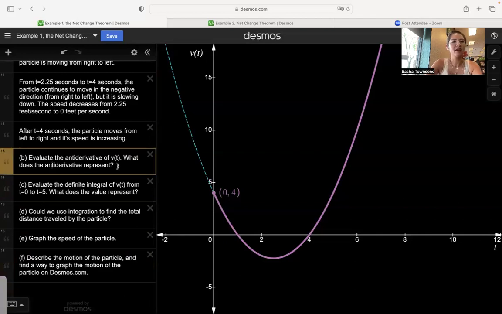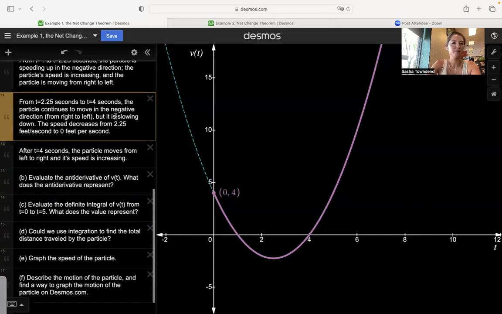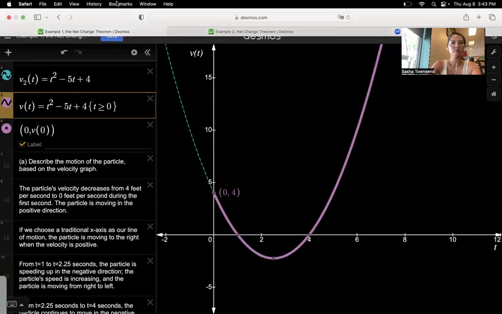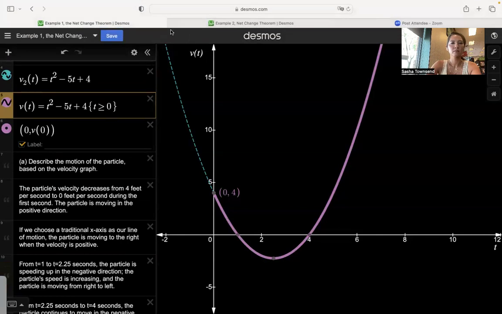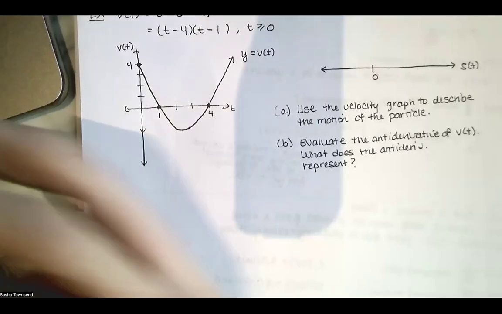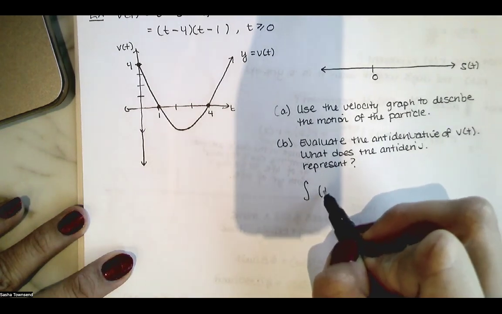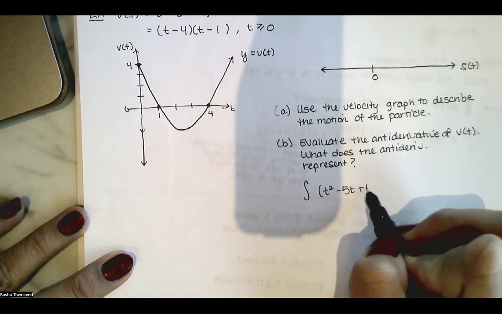Okay, so it says evaluate the antiderivative of v of t. What does the antiderivative represent? Actually relatively simple to find it. We'll do that on paper. So we have the integral of t squared minus 5t plus 4.